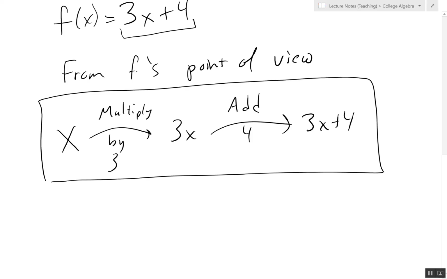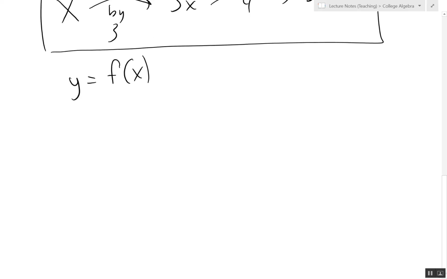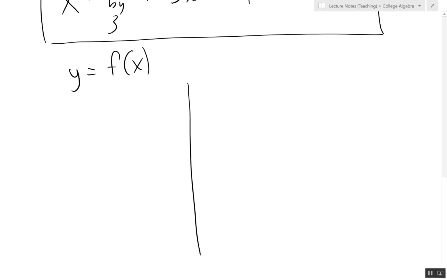But there is kind of an equivalence between the two forms, and we often write y equals f of x. Because if we look at the graph of this equation, we're going to be here for the y-intercept, and we go up 3 and over 1 for another point.